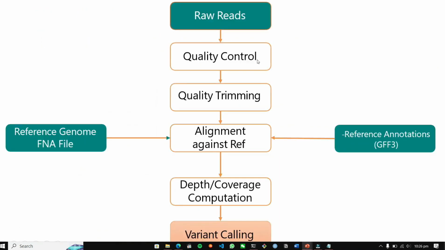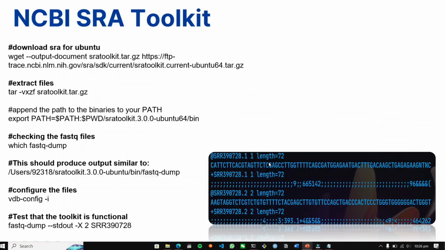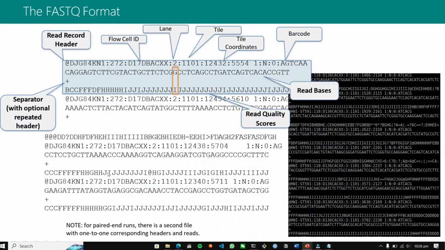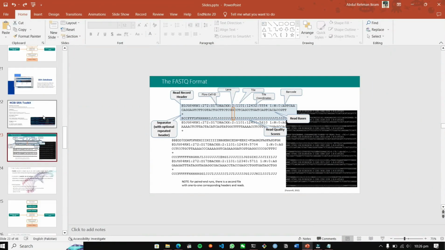If you look back, you can see there are a lot of tiles. 120 tiles contain up to 5 billion reads. So all reads have that kind of coordinates here. The barcode is also included, and here are the read bases and the read quality scores. So in the next lecture, we will move on to the quality scores and check the quality of these reads. So that was it for this lecture.